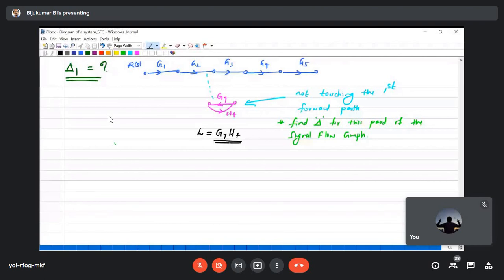We have only one loop. Substitute here, G7 H4. So finally, we can write that C of S by R of S is equal to G1, G2, G3, G4, G5 multiplied by delta 1, that is 1 minus G7 H4, the whole divided by delta. And substitute the delta here, we will get the value.